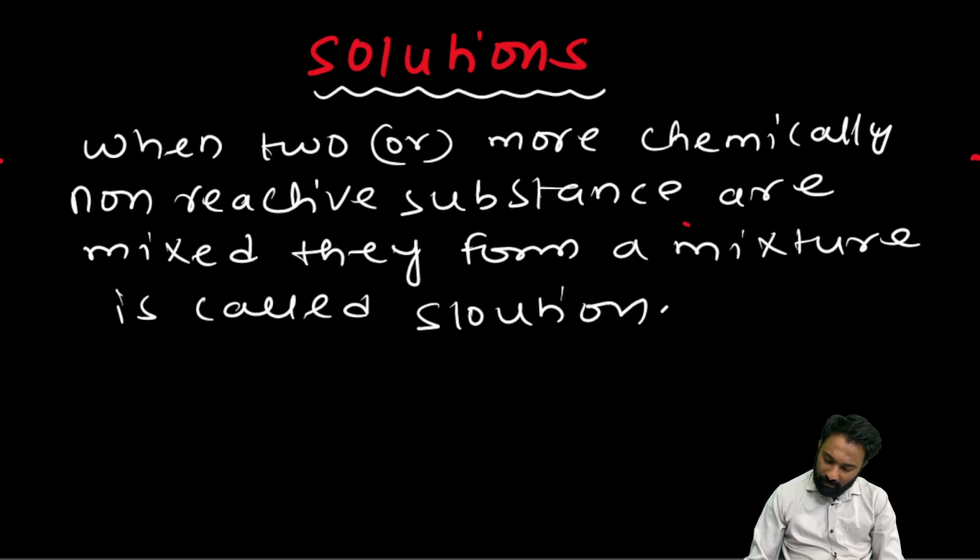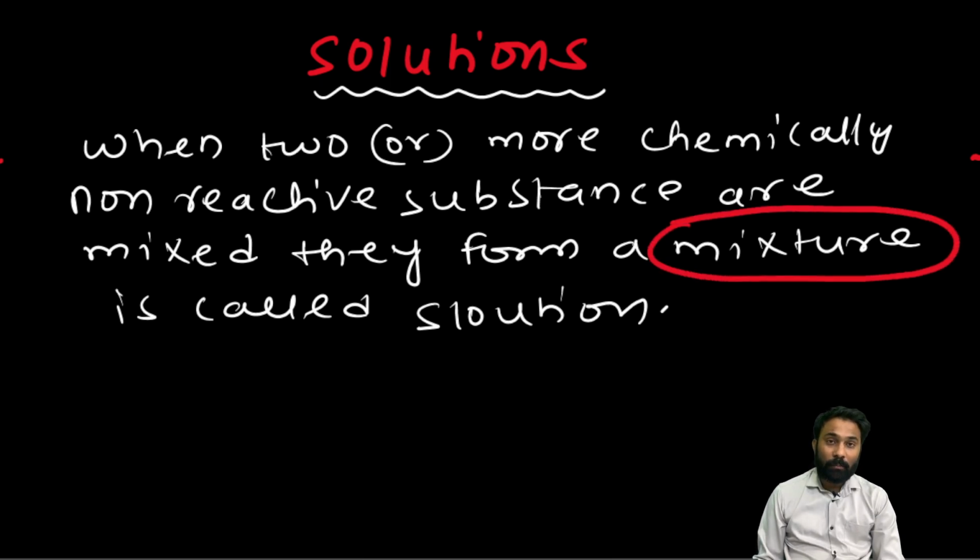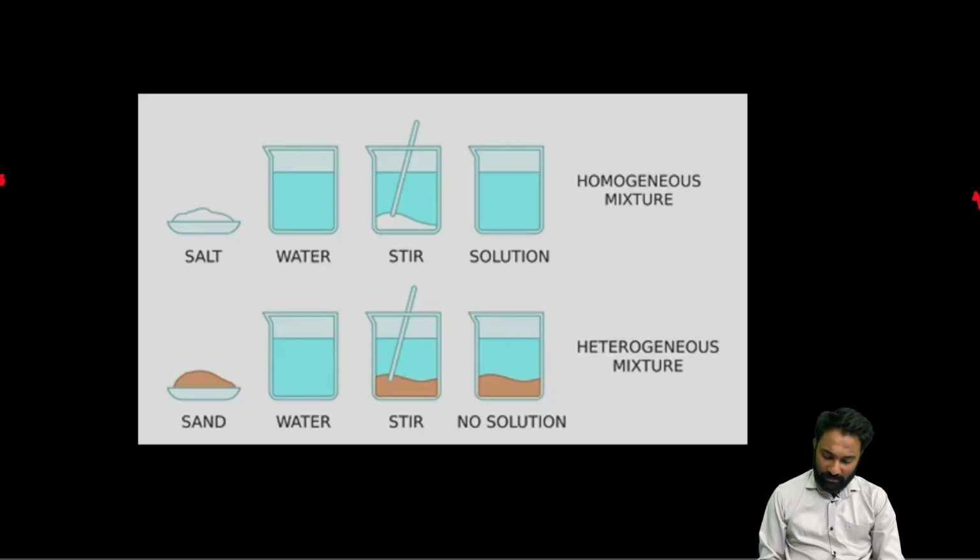Here, what is a mixture? And mixture has been divided into how many types? Clear? Now we'll see. Here you can see, when two or more non-reacting substances are mixed, they are forming the mixture, right? Here the solution is forming two types of mixture.